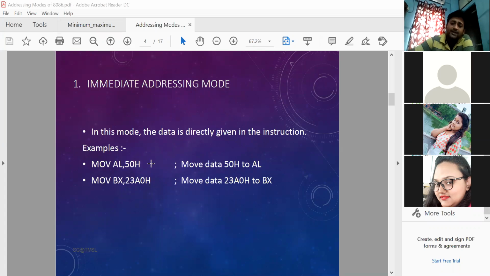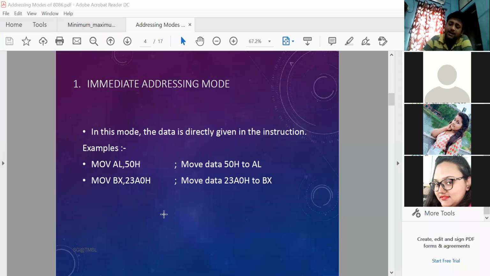Now if you have 16-bit data like 23A0, you need to load this data inside a 16-bit register. You can use AX, BX, CX or DX, because, as you know, we have general purpose registers AX, BX, CX and DX. AX is divided into AH and AL, the higher 8 bits and lower 8 bits.